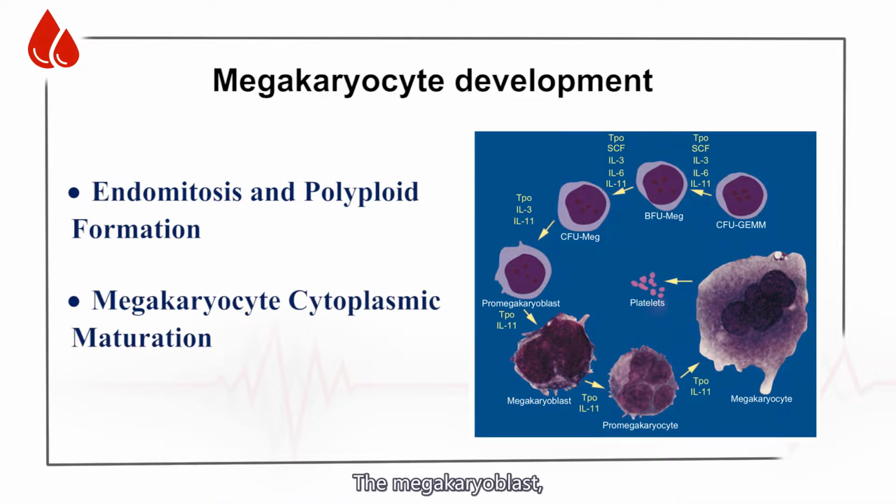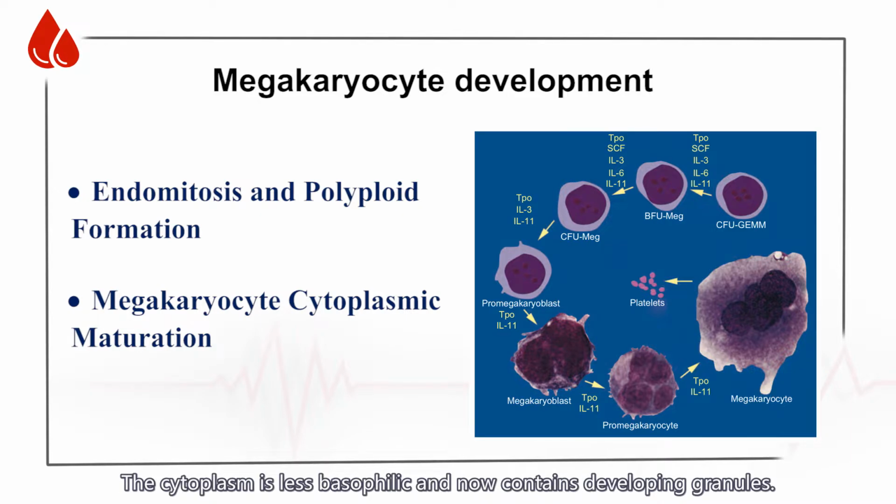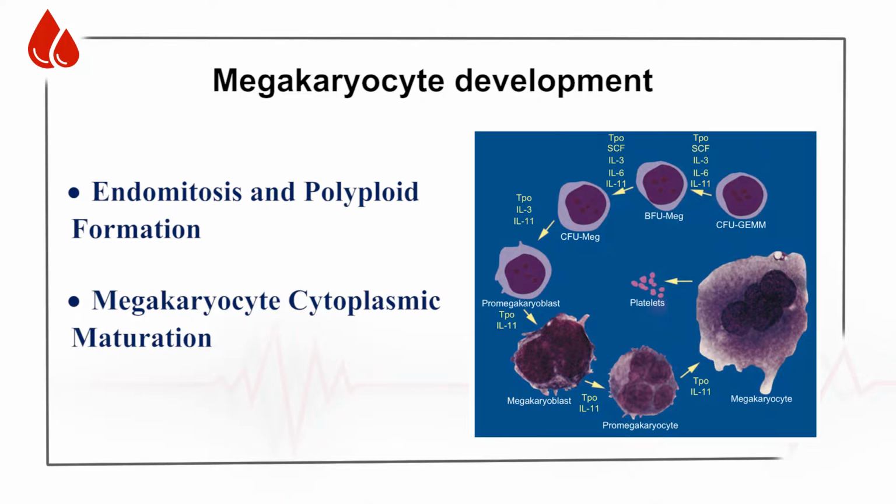The megakaryoblast or stage 1 megakaryocyte is a more mature cell that has a kidney-shaped nucleus with 2 sets of chromosomes. The pro-megakaryocyte or stage 2 megakaryocyte is 20 to 80 micrometers in diameter with a polychromatic cortex. The cytoplasm is less basophilic and now contains developing granules.